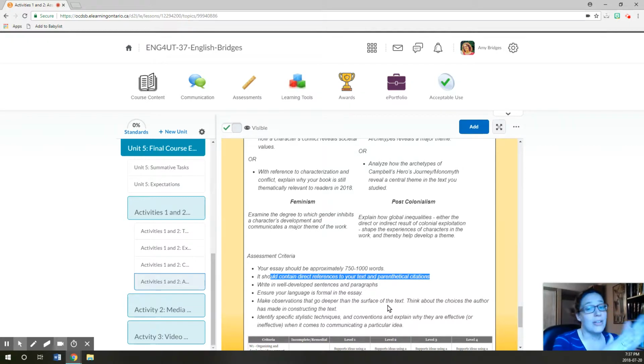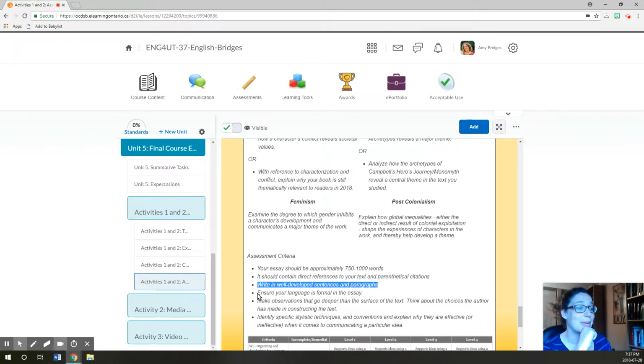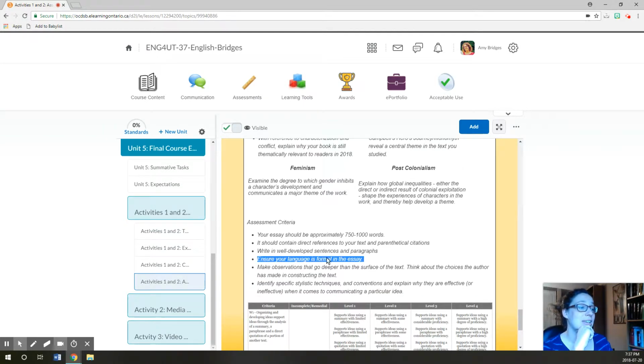But if you're using other sources, then you're going to need to use the author and page number each time. You're going to write in well-developed sentences and paragraphs. Ensure your language is formal in the essay. So again, avoiding more persuasive style where you're going to inject yourself into it. You're going to stick with an argumentative style.